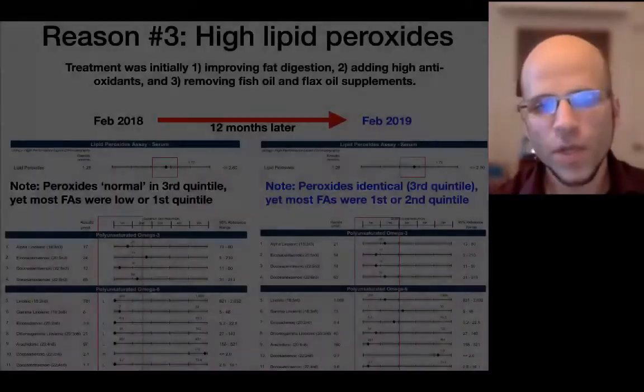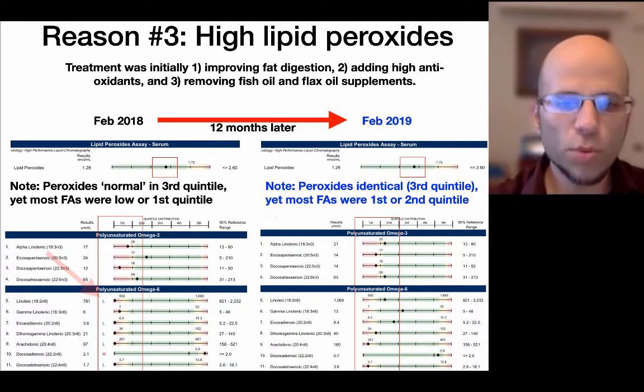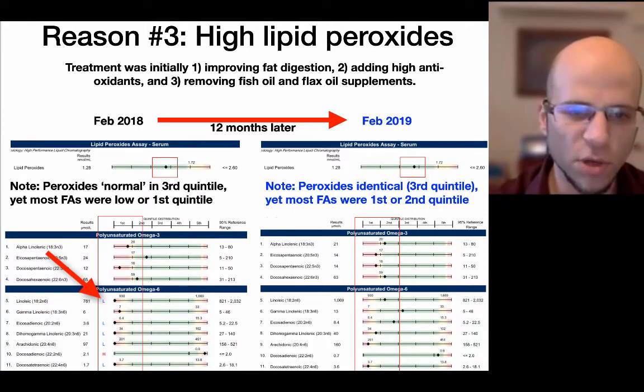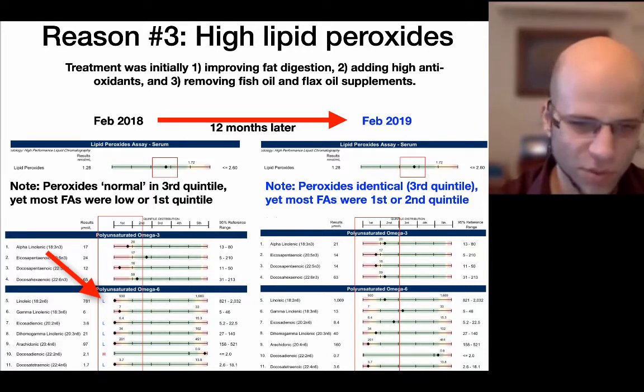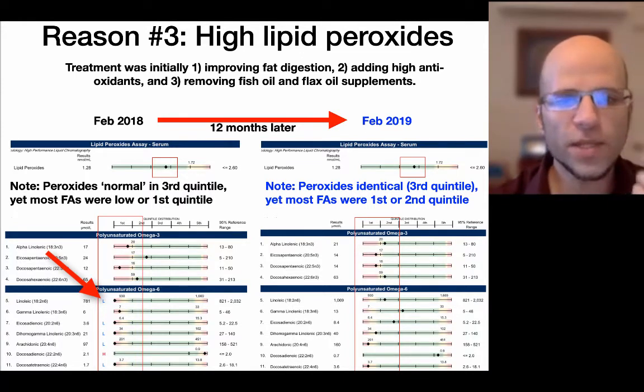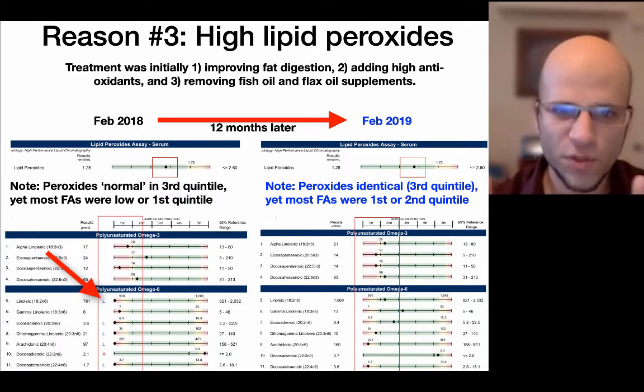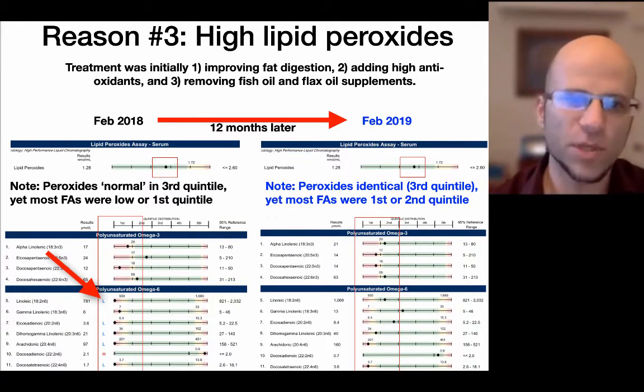On this client, there's a pattern of globally low fats. When I see globally low fats, literally low, low, low, low, low, one high, this one's a weird one, I don't have any explanation for that. But the pattern is what's important, not this outlier. When someone has low, low, low across the board, I immediately jump to checking the stool test to see: is this an absorption issue, or is their absorption fine and they're just not having enough fats to be absorbed?